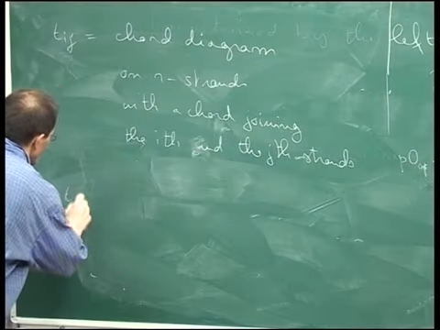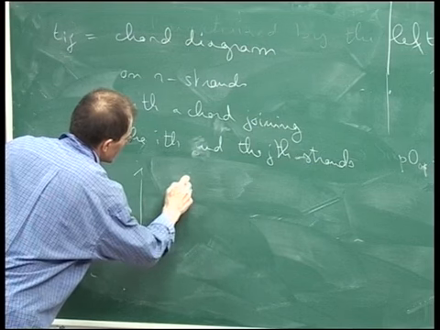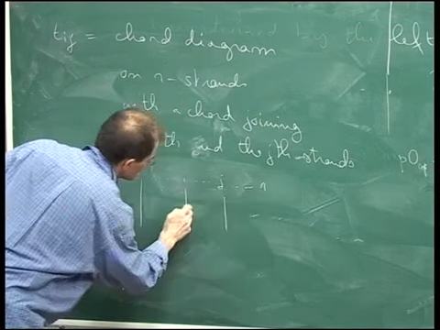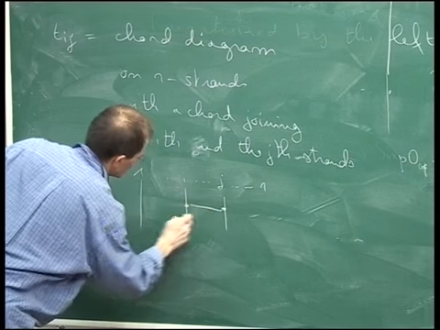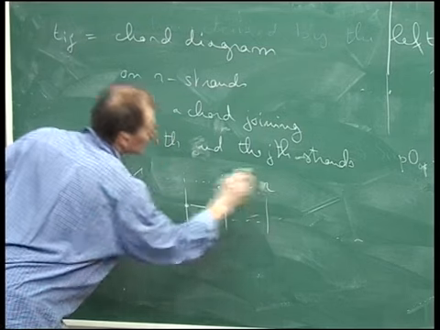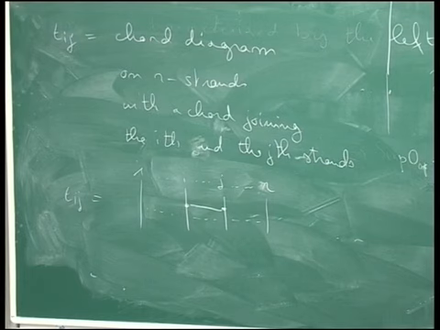So for instance, here is the picture. And the relations, the infinitesimal braid relations, have an interpretation in terms of chord diagrams too.